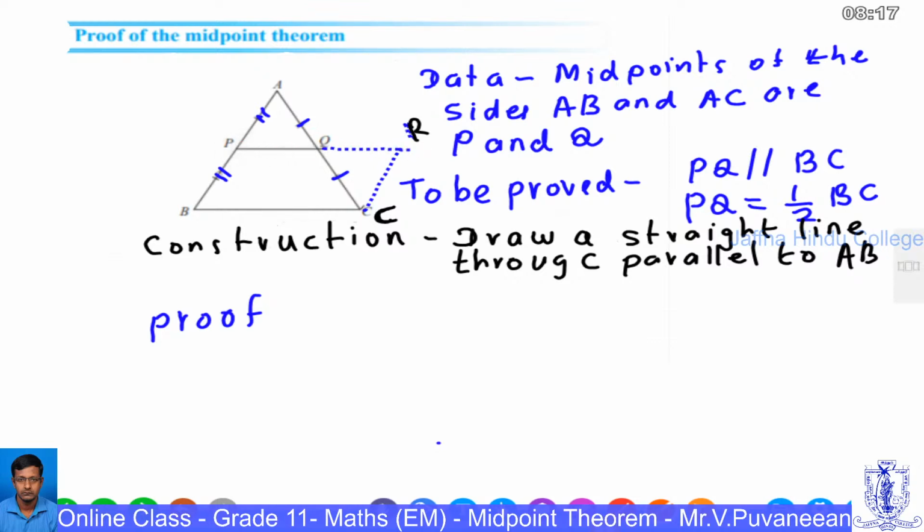First we have to prove these two triangles are congruent, then we can say PQ equals QR, corresponding elements of congruent triangles.